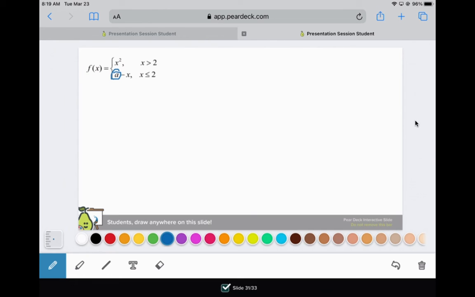Who remembers the first steps? Step number 1, what should I do? Plug in 2, right? This is the x value. I plug it in, so it's going to be x squared for the first one. And then I would set that equal. I'm going to replace the x with 2 at step 1.